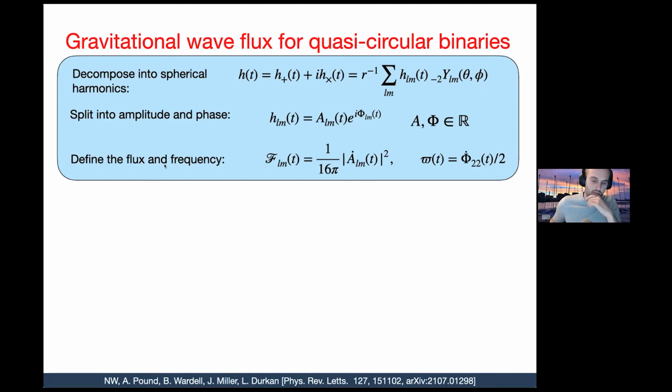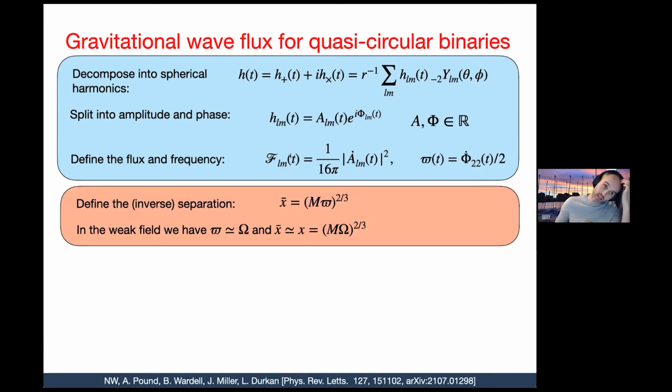And then we'll define the flux and the frequency in the standard way, where the flux is given by 1/16 pi times the time derivative of the amplitude, absolute value squared. And we'll define this frequency to come from the 2-2 mode of the waveform. So we take the phase of the 2-2 mode, take its time derivative and divide by 2, and we'll call that the frequency. We'll then, in order to present results, define an inverse separation parameter, x bar.